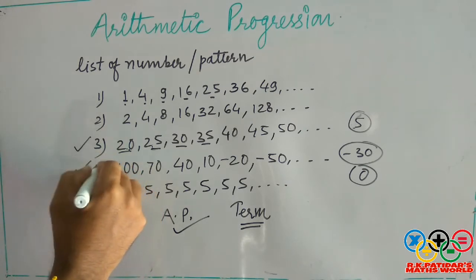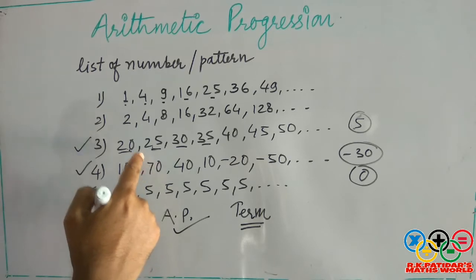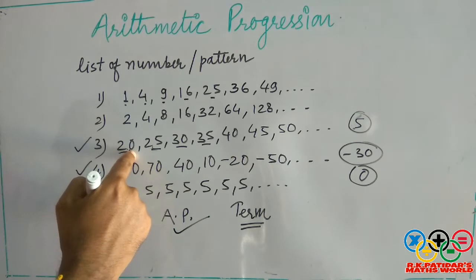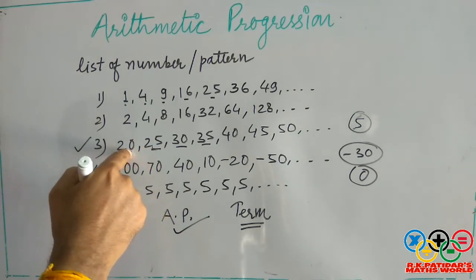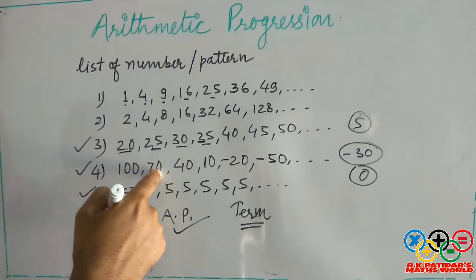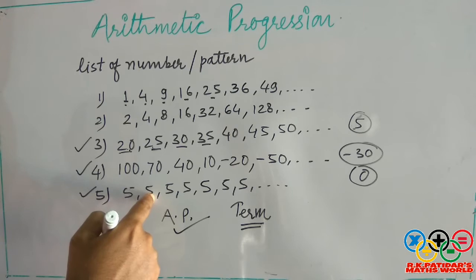So an arithmetic progression is a list of numbers in which each term is obtained by adding a fixed number to the preceding number. Here we add 5 to the preceding number, and you get the succeeding number. Here we add minus 30 to the preceding number. Here we add 0.